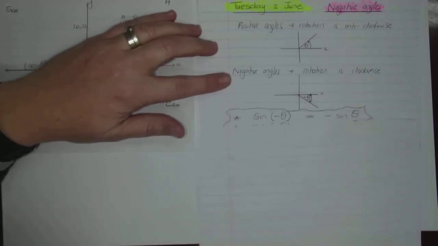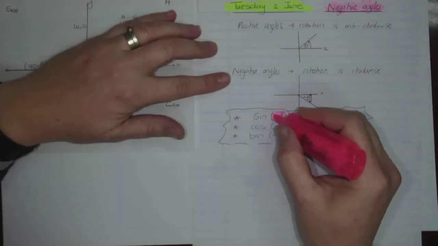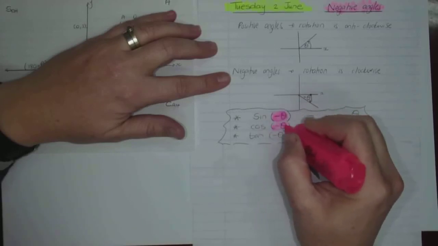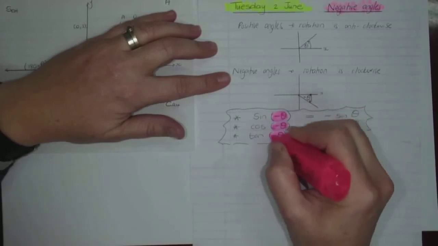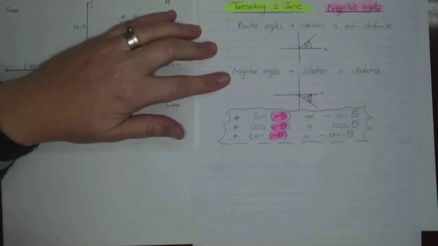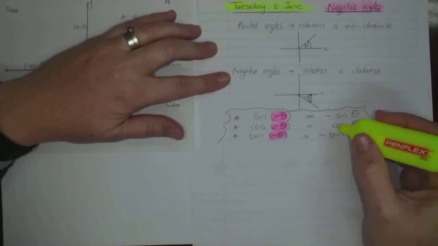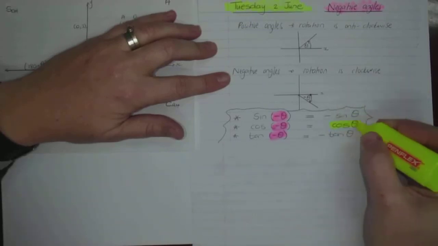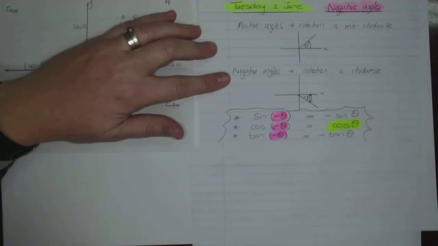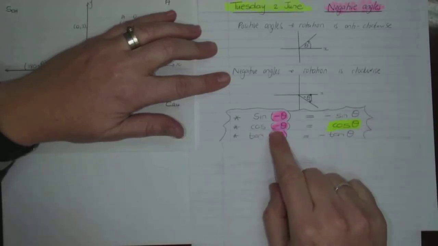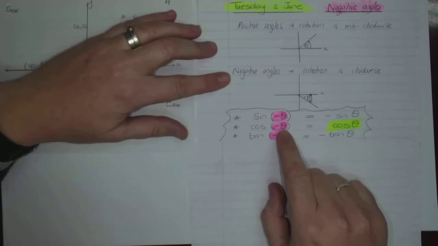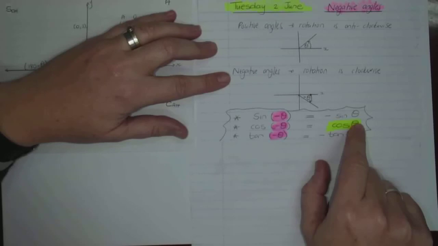So the first way is to know the theory that if I have negative angles, the only one that comes out positive is cos. So if I have cos negative 10, I can rewrite it immediately as just cos 10.